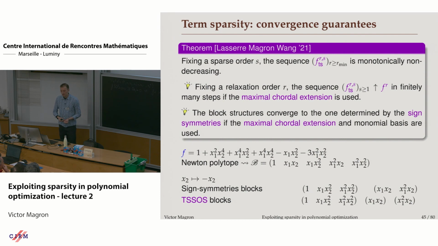And then you realize that when you have a block, all the guys from this block have the same sign symmetries. So you do a case analysis, and you realize that because of this closeness under support extension, all the guys from one block have the same sign symmetries. And then you prove the opposite direction, and then it corresponds to sign symmetries.